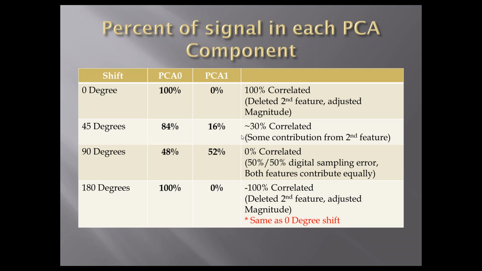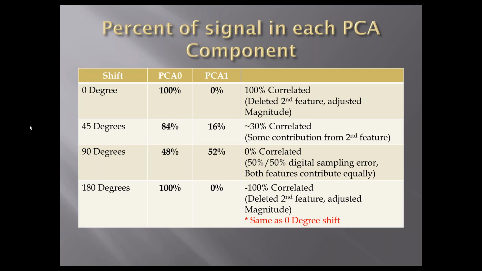So here's the overall chart of what we just talked about. You can see again here for the 180 degrees, delete the second feature. All it did was adjust the magnitude of the output waveform. This is identical to the results we got on the 0 degree shift. So just because data doesn't overlap with one another could indicate that it's not being used for your neural network.